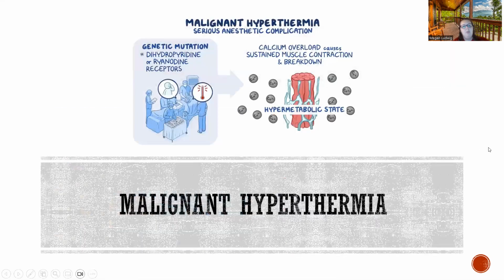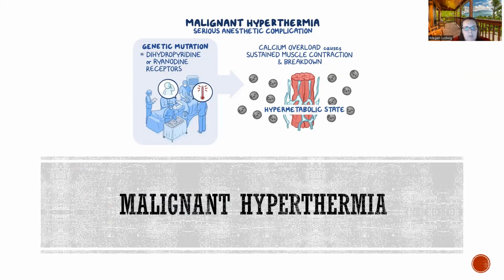All right, let's move on to malignant hyperthermia. This is one of those complications in surgery that is actually quite rare, but it happens enough that we need to be able to recognize it very quickly if it does happen, because if you don't recognize it soon enough, the patient will die.